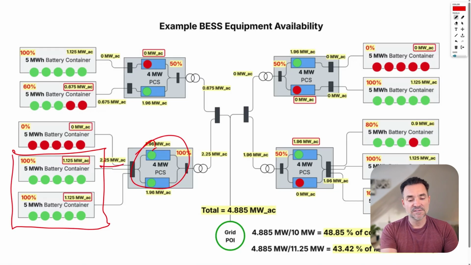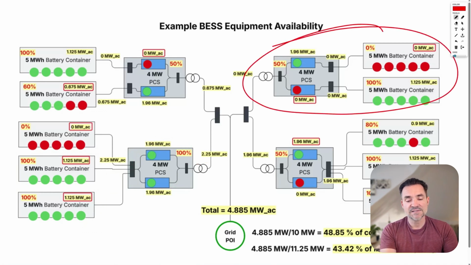We're going to default to the string capability as the limiting factor. That would be the capacity of the whole station here. This example is a bit of an odd one, but this could happen where the module is operational, but the containers attached to it are not, so that's 0. And on the other bus, the other half of the PCS, it's the opposite, where the PCS module is not available, but the battery is available.